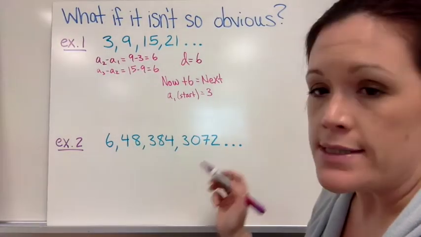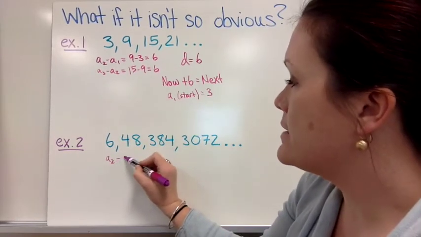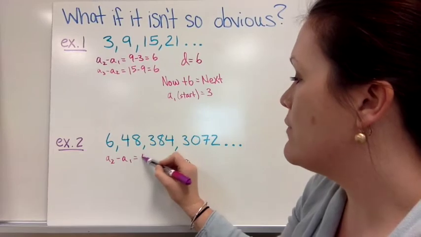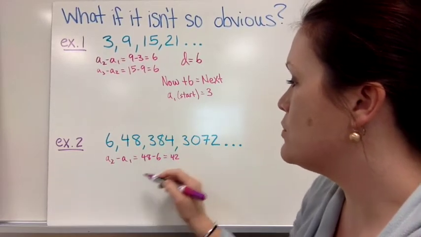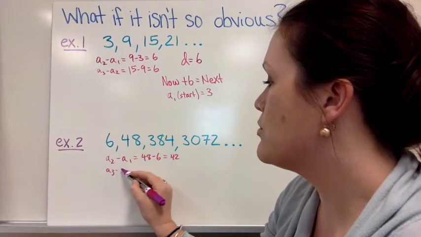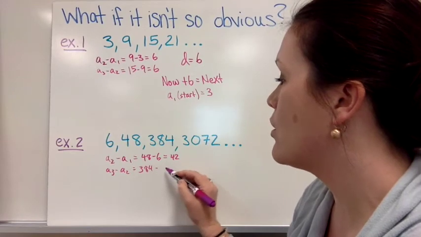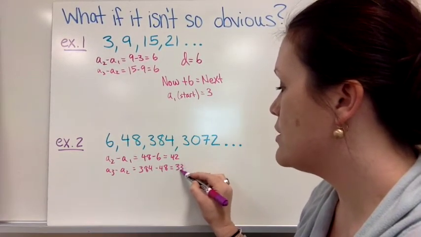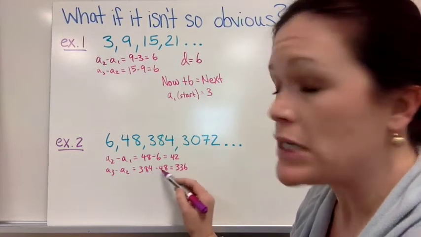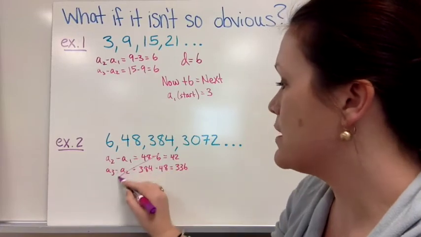Definitely looks like they're increasing in some format. So we could say a sub 2 minus a sub 1 would be 48 minus 6, which would be 42. And a sub 3 minus a sub 2 would be 384 minus 48, which would give us 336, but we could tell just by looking at that, it's not going to equal 42, so it's not arithmetic.